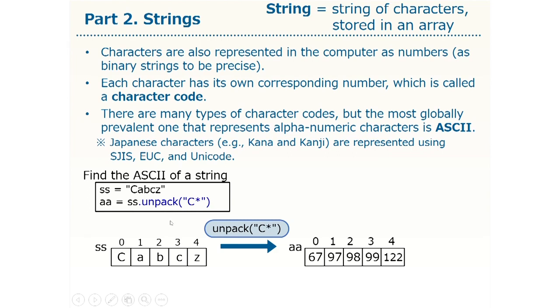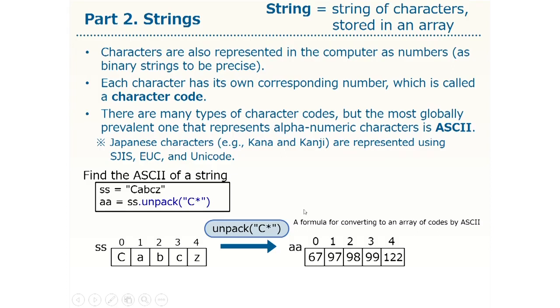In ASCII, an uppercase letter C corresponds to the number 67. A lowercase letter a corresponds to 97, b 98, c 99, and z 122. So the sequence of 67, 97, 98, 99, 122 is created and stored into array aa.